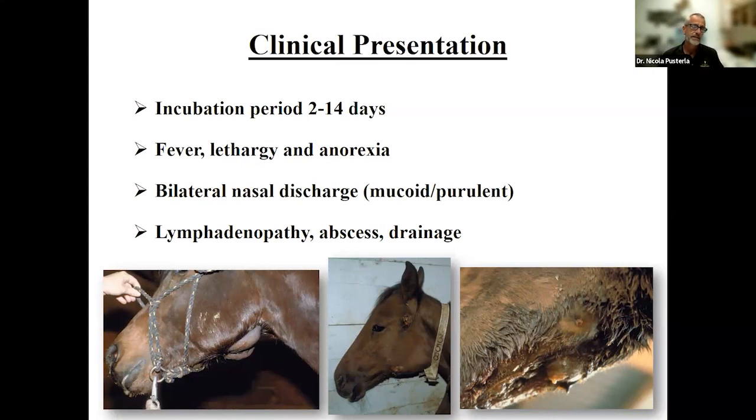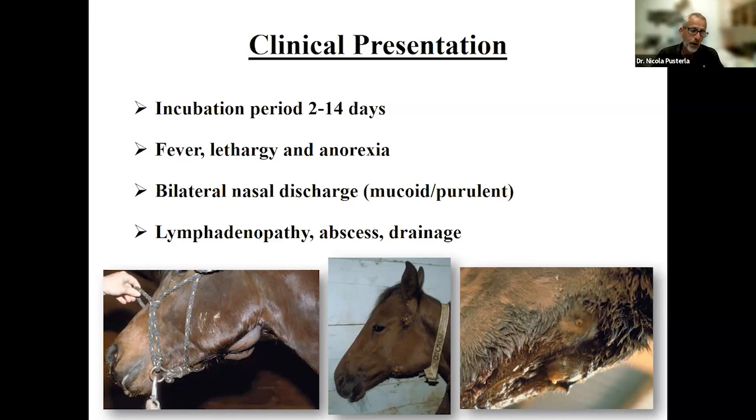One of the characteristics of strangles, especially in young horses, is the formation and swelling of the lymph node, which then ends up draining. That generally characterizes it and differentiates it from viral conditions. The incubation period is generally longer too, compared to a viral disease.